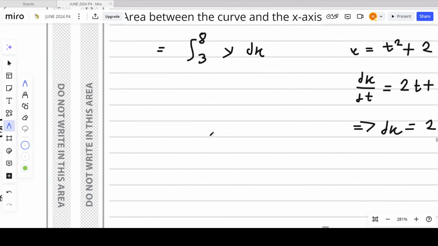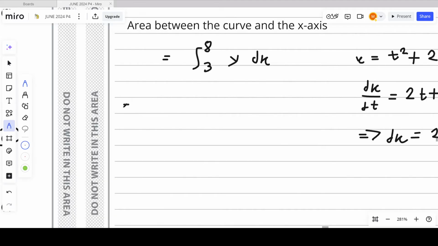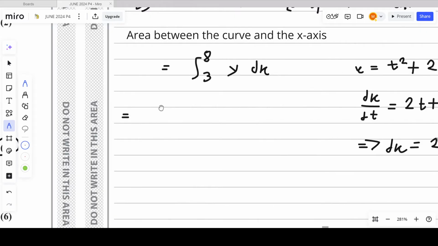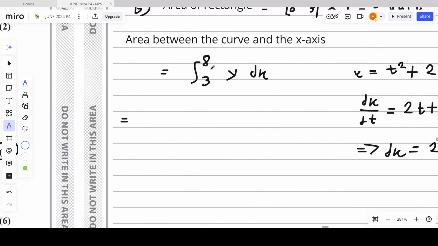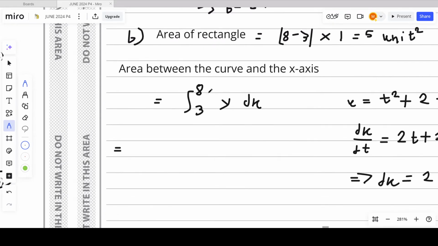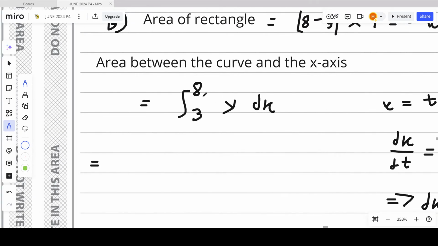So what can we write? Let's see the limits. The limits 3 to 8 are given for x, right? But now we are converting all of the x and y variables into terms of t, so we need the limits for t now.